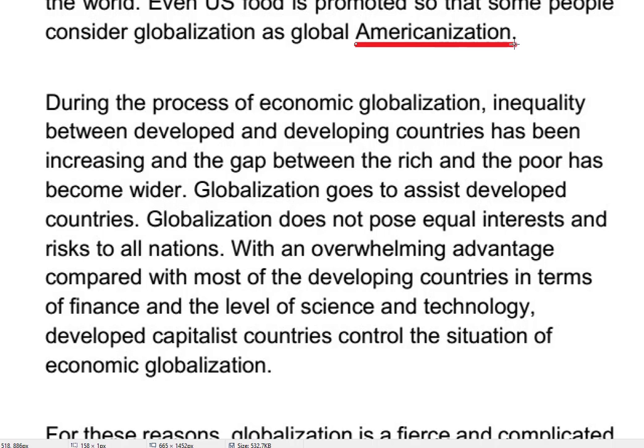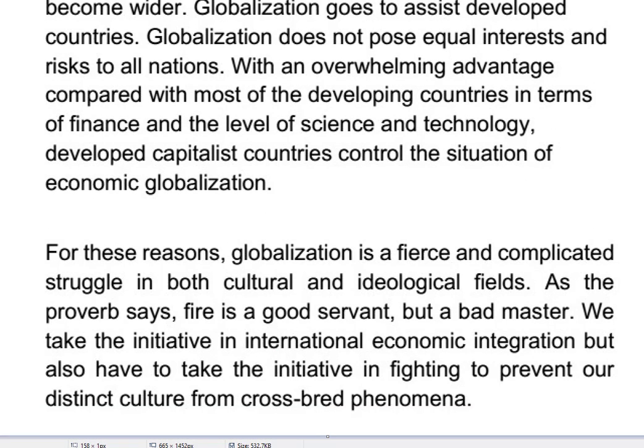Let's see. In terms of finance, few errors in this paragraph, but nothing outstanding. And in the conclusion, we have ideological again, but I think that was used before.